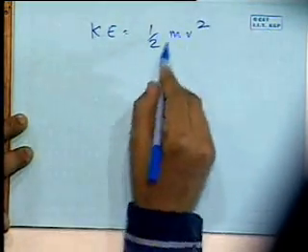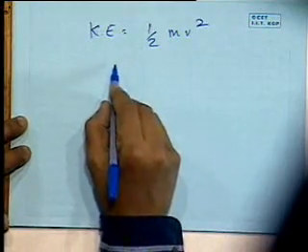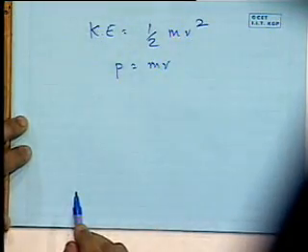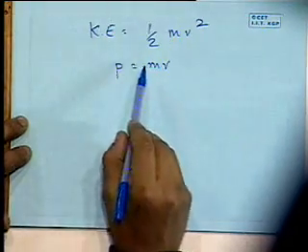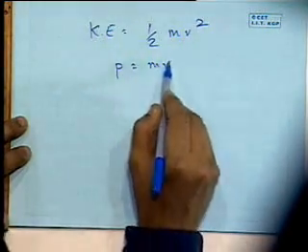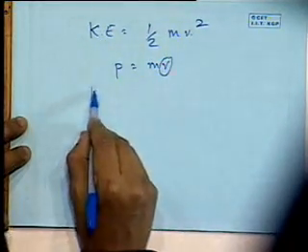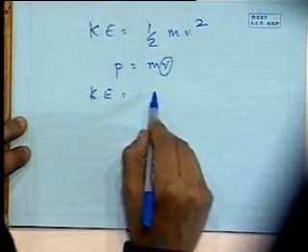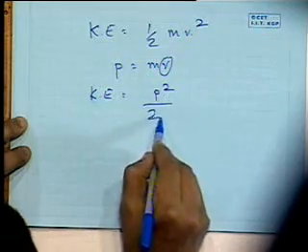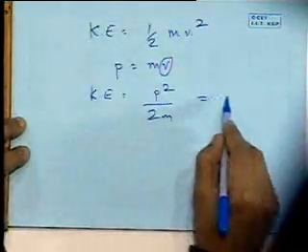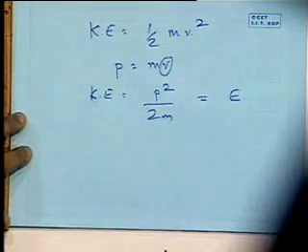Now I also know, to write this in terms of my momentum, that P is equal to mv. Right? Momentum is equal to mass times velocity. And substituting then for v in this equation, I end up with kinetic energy equal to P squared by 2m. And we just saw that the total energy of these free electrons is nothing but their kinetic energy. So I can write that it is equal to E.